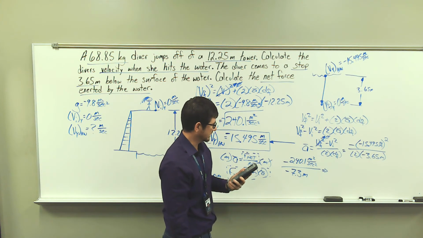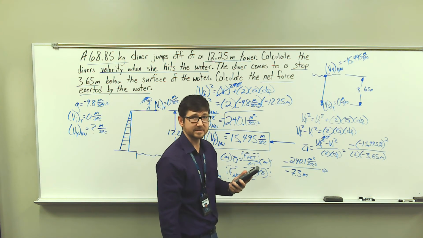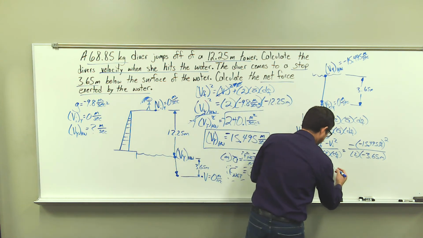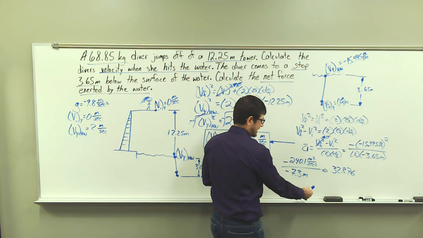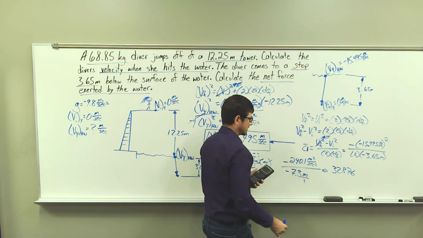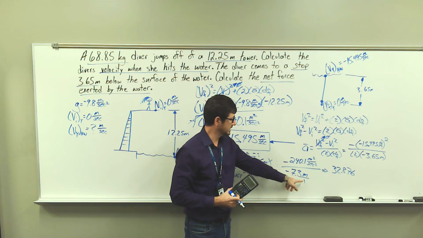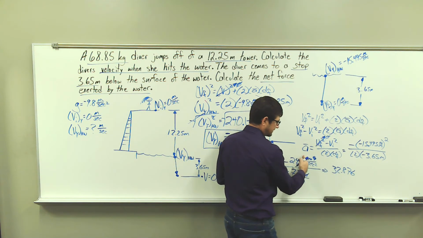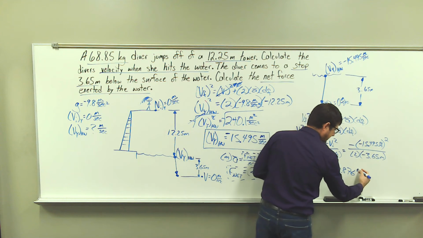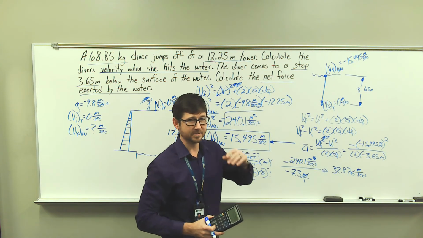We will divide here, and our acceleration is 32.876. And this is meters, or algebraically we can write it as meters over 1. So one of our meters will cancel, leaving us with units of meters per second squared. And this is positive.